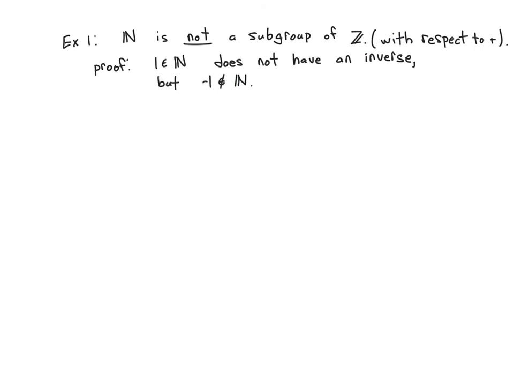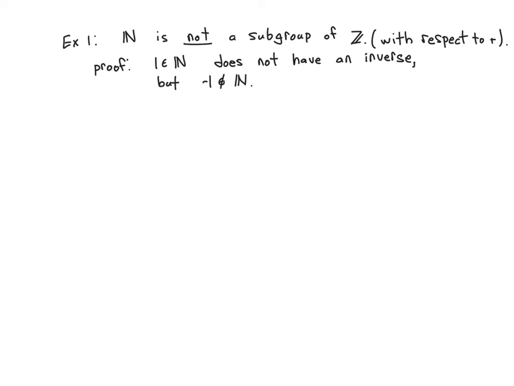As our first example, let's show that the set of natural numbers is not a subgroup of the integers with respect to addition. According to the subgroup criterion, in order to be a subgroup, you need to be closed under addition, which we already know it is, but you also need to be closed under inversion, which of course in our context means negation.